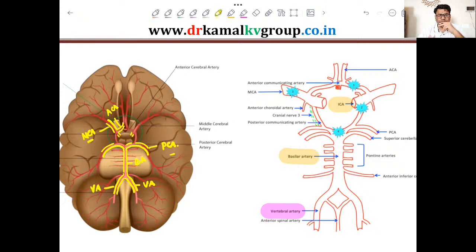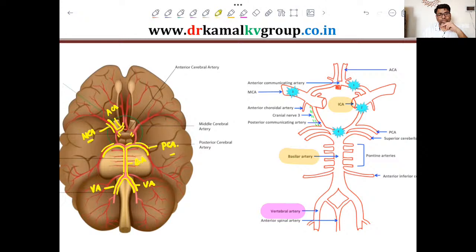Now I think most of you must know that when we take the arterial supply of the lateral aspect of the brain, the majority of the structure is supplied by the middle cerebral artery. So the middle cerebral artery dominantly supplies the lateral aspect of the brain. So these are the branches.